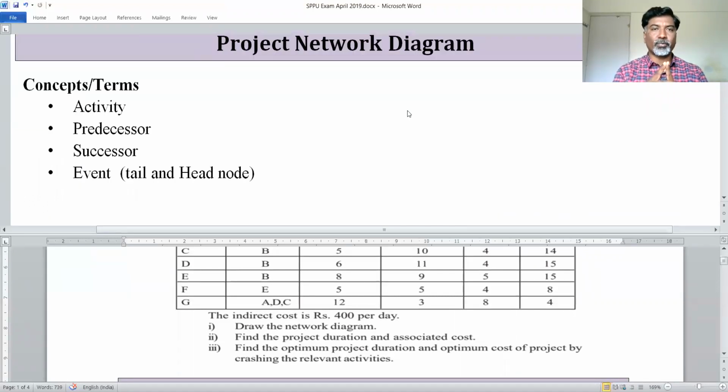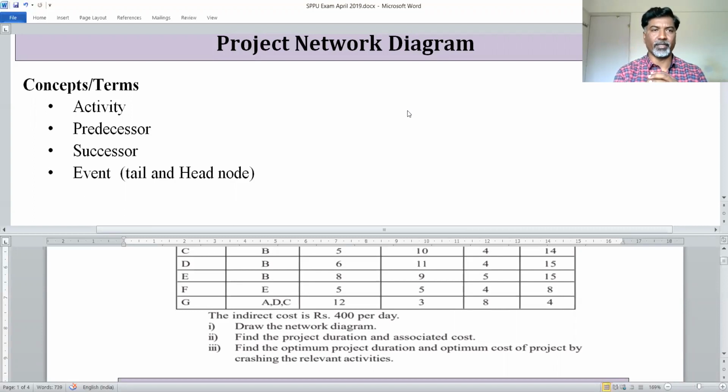In a project network diagram, you have to understand four basic concepts or terms. The first one is the activity. An activity is nothing but a process that you have to perform for a specific time period.